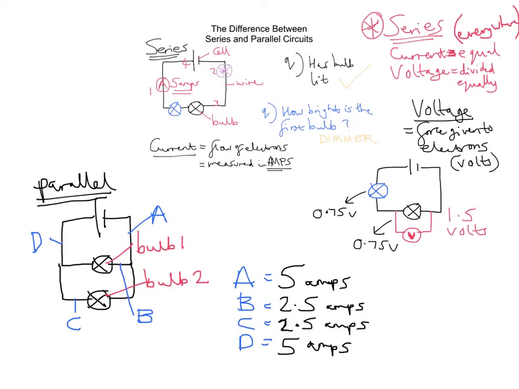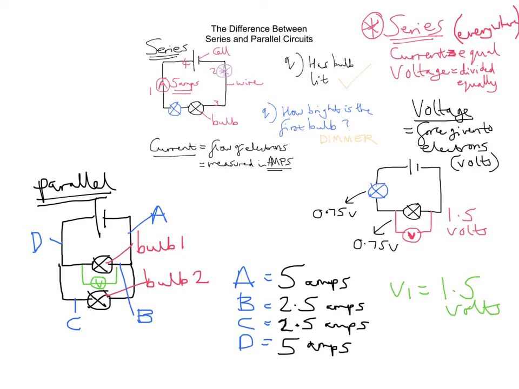Now, if we were to take a voltmeter, and I'm going to draw this in green, if we were to take a voltmeter and put a voltmeter across this first bulb, bulb 1, and we get a reading of, let's say our V1, our first voltage comes out as 1.5 volts, let's say.